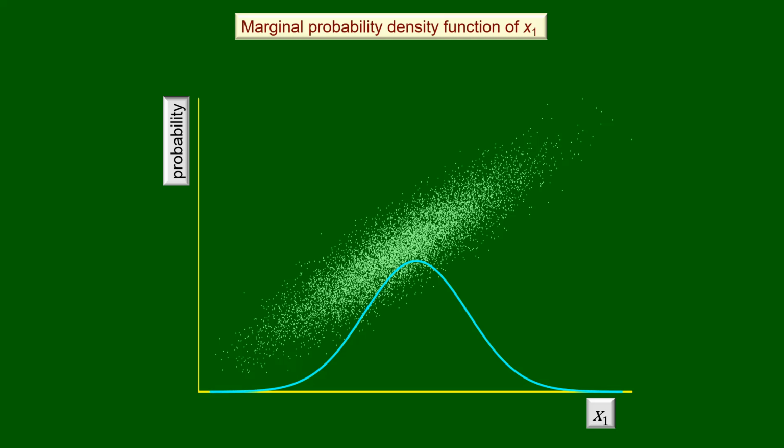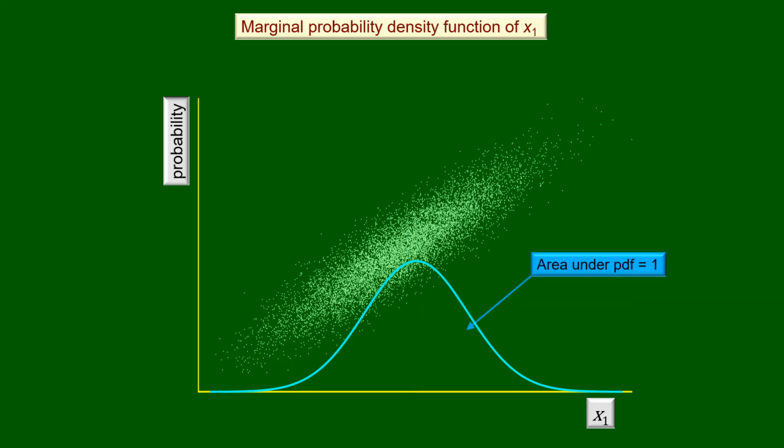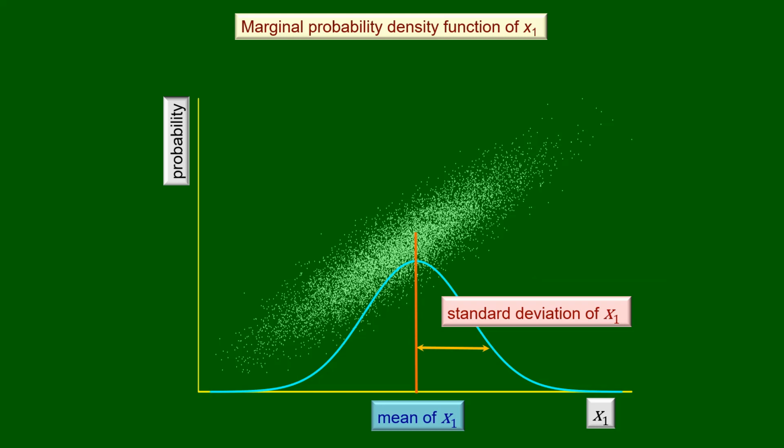Because it's a multi-Gaussian probability distribution, it can be characterized by its mean and its standard deviation. And also, because it's a probability density function, the area under the curve is 1. So there's its mean, or its expected value. And the standard deviation, as everyone is familiar with, tells us something about the wiggle room about that expected value.